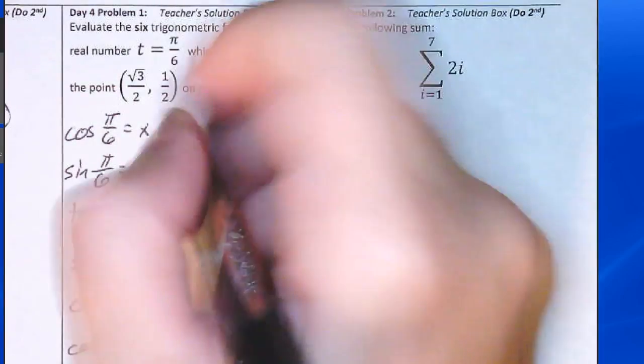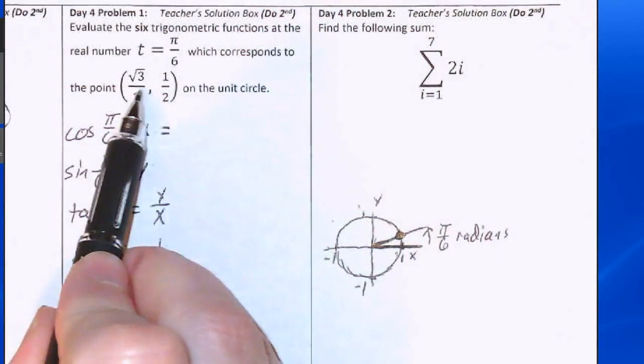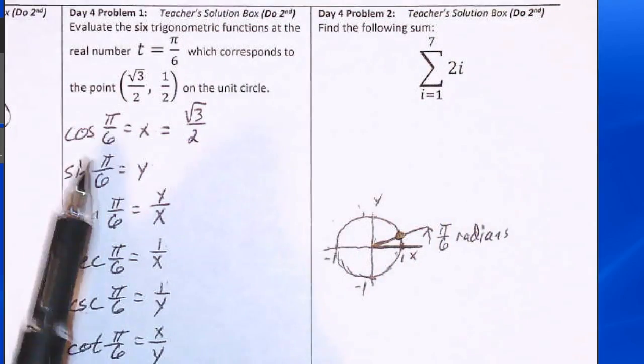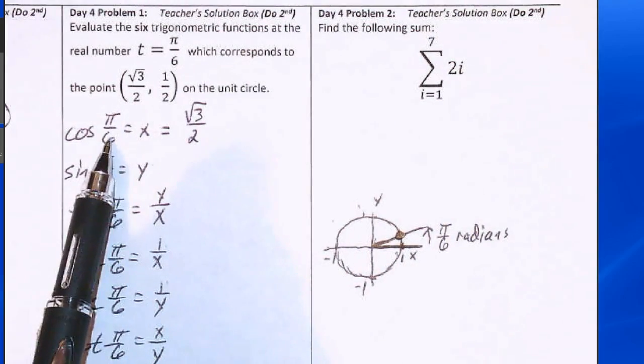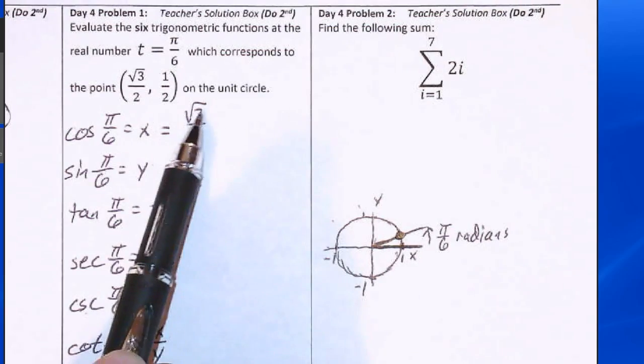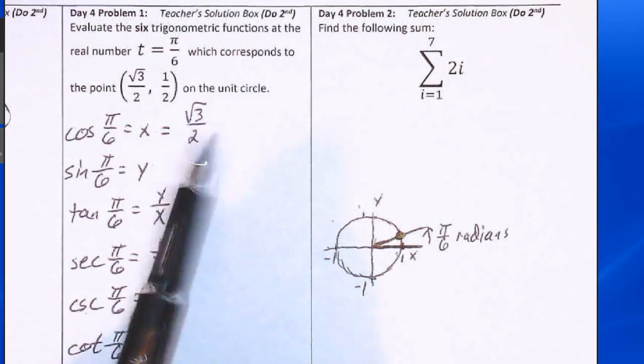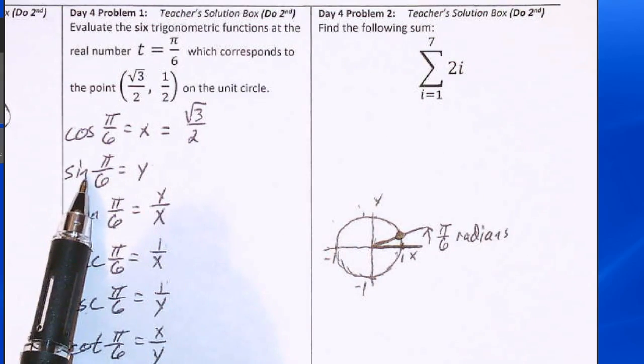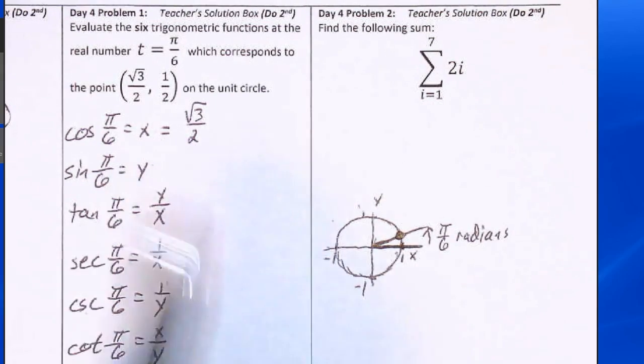These are our formulas that we can use with that ordered pair to be able to find these different trig values. So the x coordinate of this ordered pair is the square root of 3 over 2. The cosine of pi over 6 radians is the square root of 3 over 2. With a calculator, you could get a decimal for that if you needed it. Now let's find the sine value of pi over 6 radians.